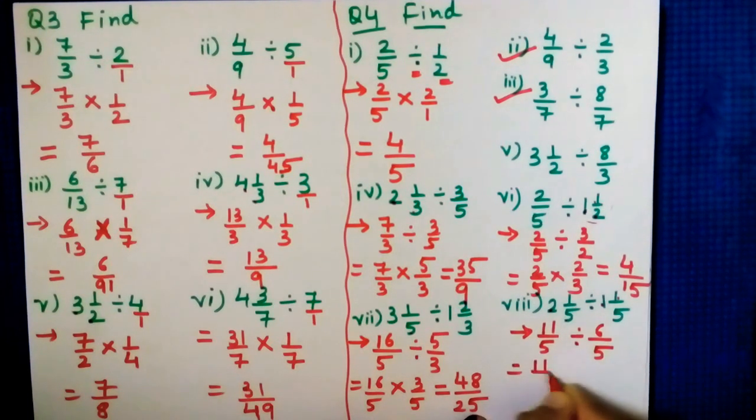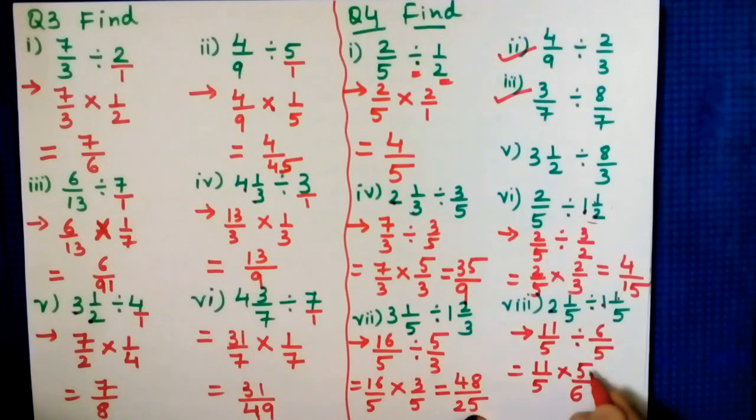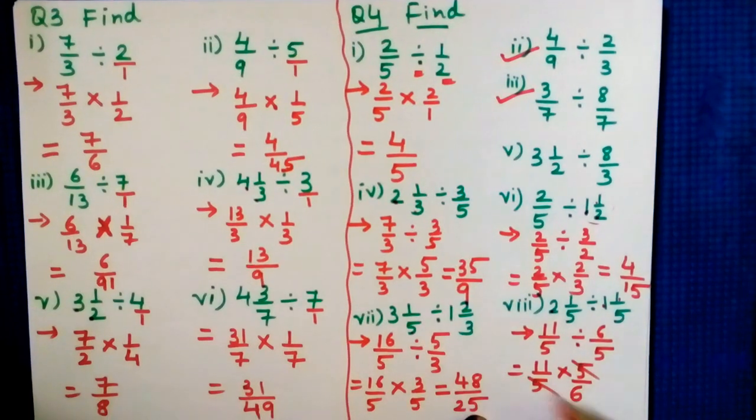So here 11/5 into, we have changed the sign. Now we will take reciprocal. 6/5 will become 5/6. We have taken reciprocal. Now here this 5 and 5 can be cancelled, as you can see.